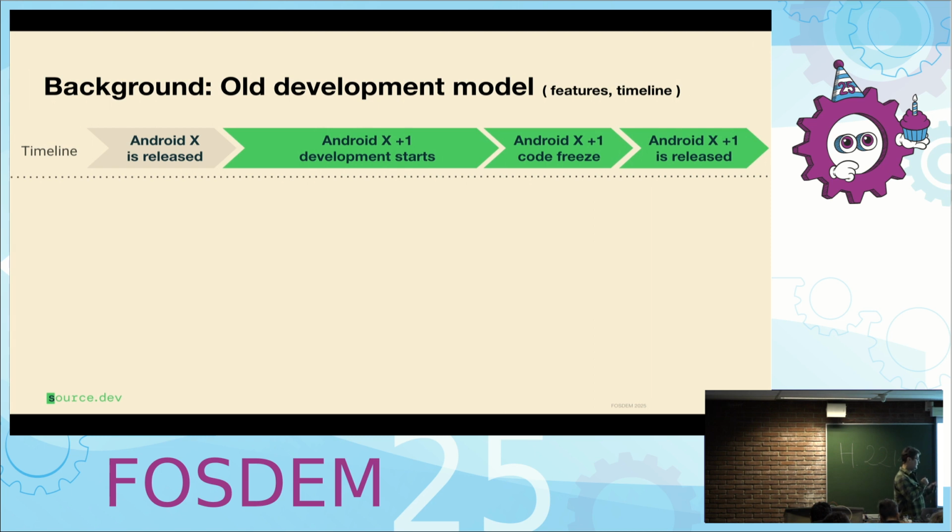Then you would have a portion of code freeze. This is also known internally at Google as Dr. No. You would need to get approvals, many approvals to get patches merged into the code base. And then the next version would basically get released.